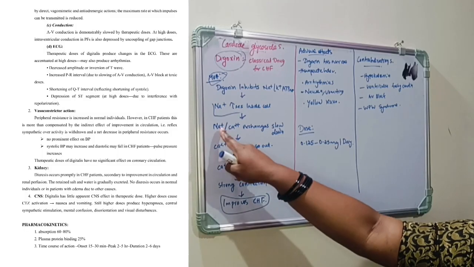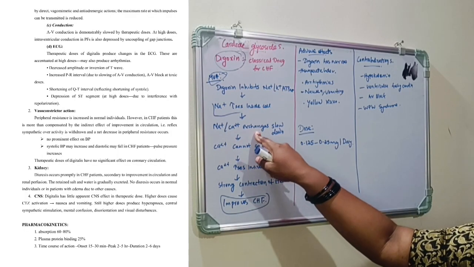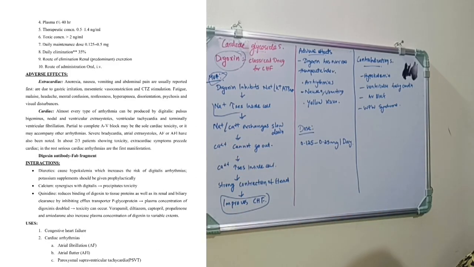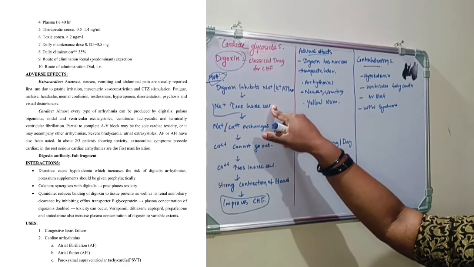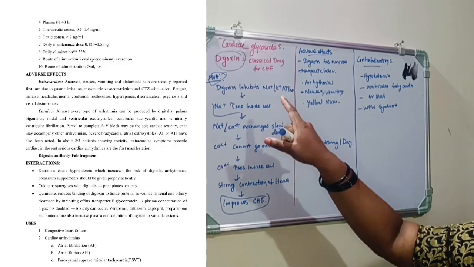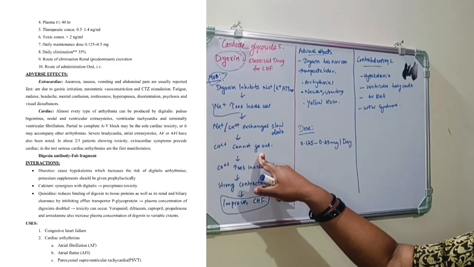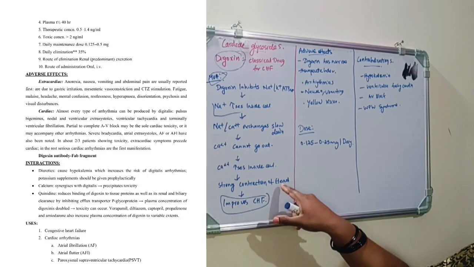In that case, the normal function is that sodium is brought in and calcium is pushed out. But sodium is already high inside, right? So the exchange cannot work properly, so calcium cannot go out. So your calcium will increase, and thereby the contraction of your heart will be more.